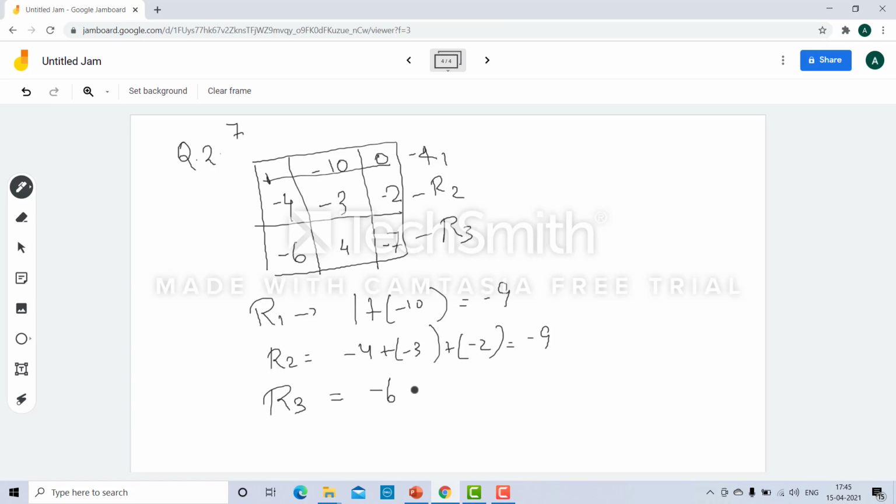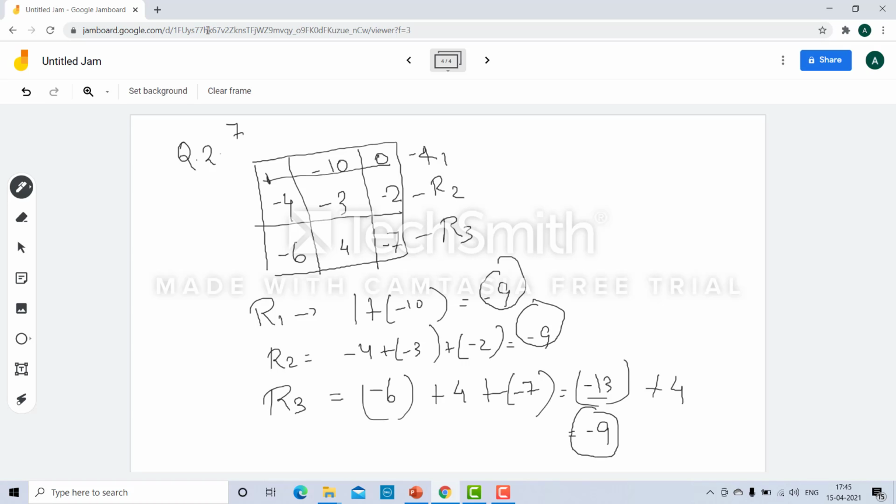It will be -6 plus 4 plus -7, so it will be -13 plus 4, isn't it? -13, how? This -7 and -6 will get added up. So we will get -13 plus 4, again -9. So all 3 rows we are getting the value as -9.